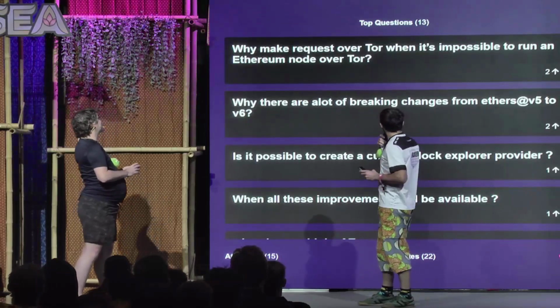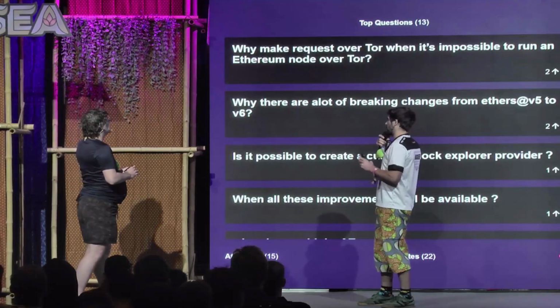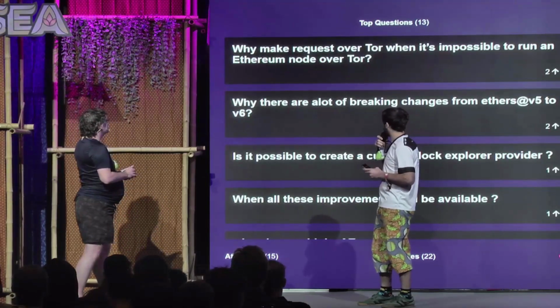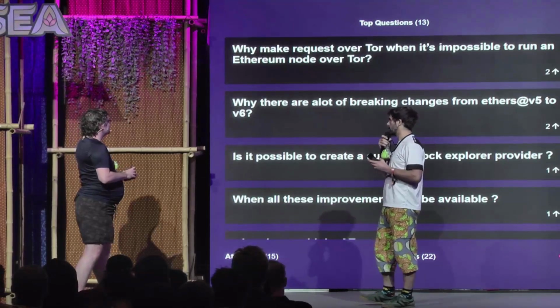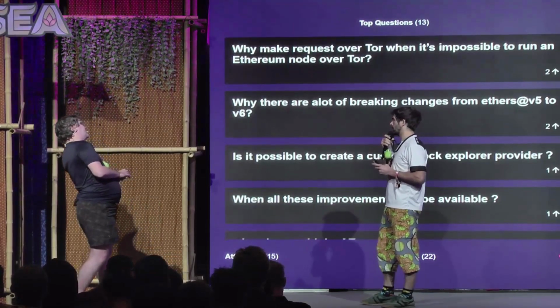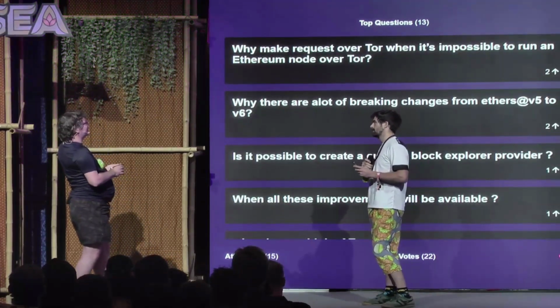It's okay. So you showed something about making requests over Tor. Why is it useful to make requests over Tor when you can't really run an Ethereum node over Tor? These serve different purposes. If your avatar is being served on the internet off of some web server, you might want to protect your IP address from being attached to that avatar. I understand the sentiment of the question.